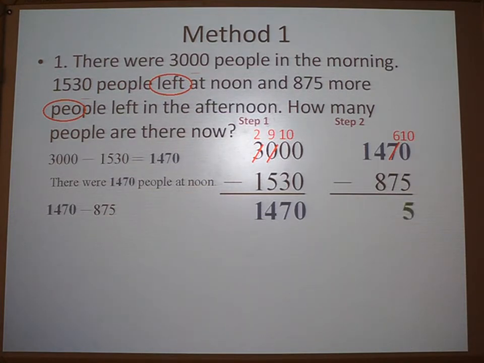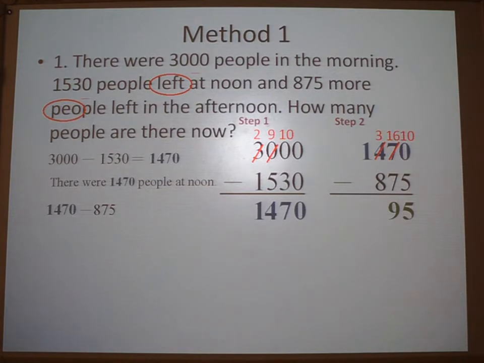And now for the 10th place, 6 minus 7, which is not possible again. So therefore, we borrow from the 100th place. Now, the 100th place becomes 3. And the 10th place becomes 16. So for the 10th place, 16 minus 7 equals 9. And for the 100th place, 3 minus 8 is not possible.